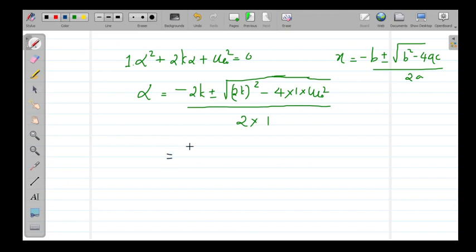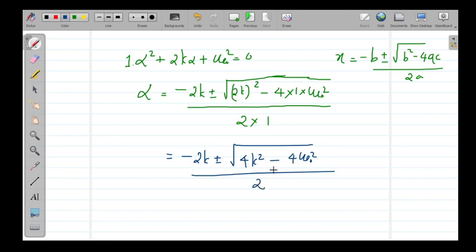So this is equal to minus 2k plus or minus root of 4k square minus 4 omega 0 square divided by 2. Now I can take 4 as common within this square root.